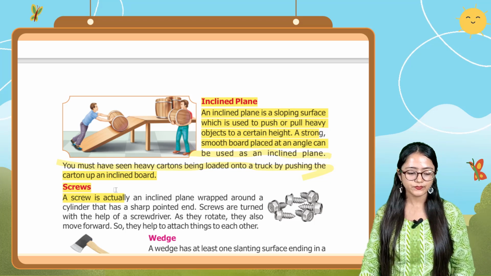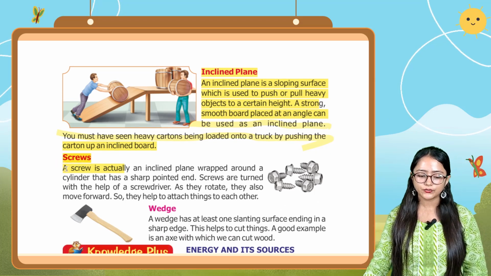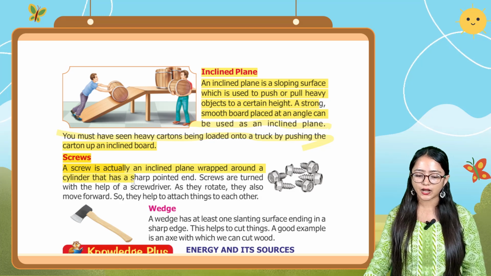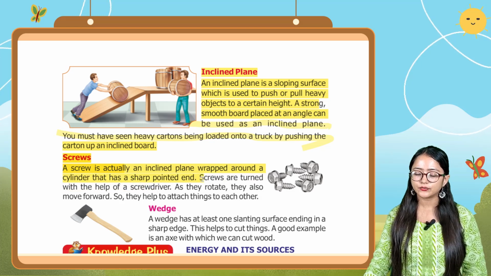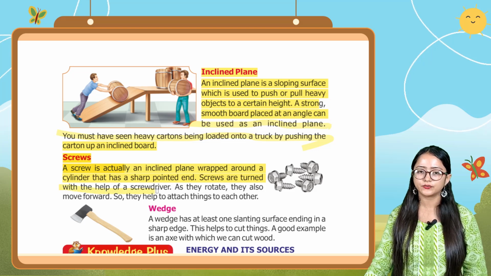Now we come to the next machine, that is screws. A screw is actually an inclined plane wrapped around a cylinder that has a sharp pointed end. Screws are turned with the help of a screwdriver.